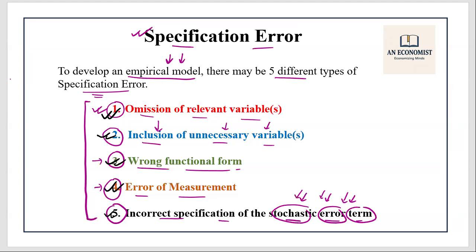And the final thing is the incorrect specification of the stochastic error term. Again, we can take a very simple example. Suppose the true model is yi equals beta xi ui for all i from 1 to n. Suppose this is the original model. Now, what is the form of the stochastic term here?